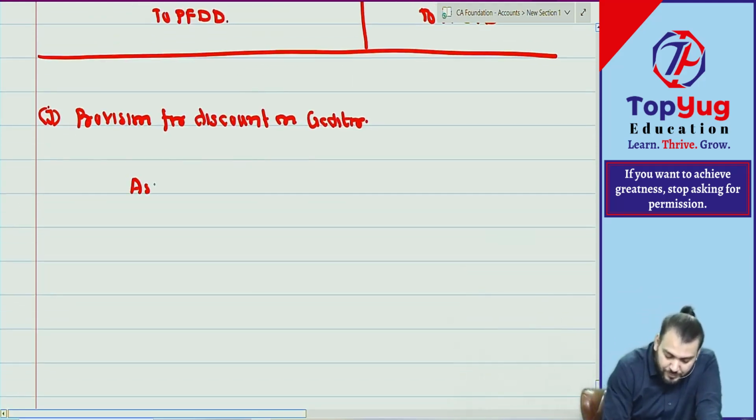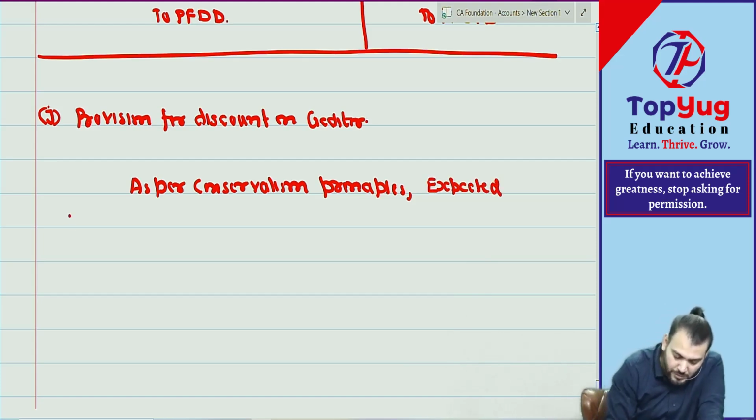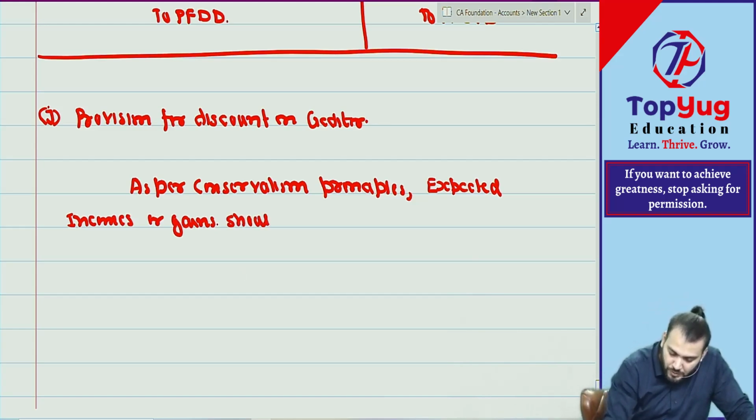As per conservatism principle, expected incomes or gains should not be anticipated.